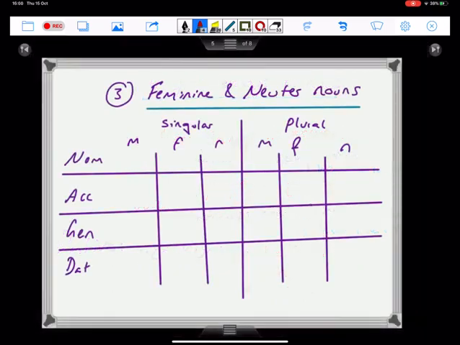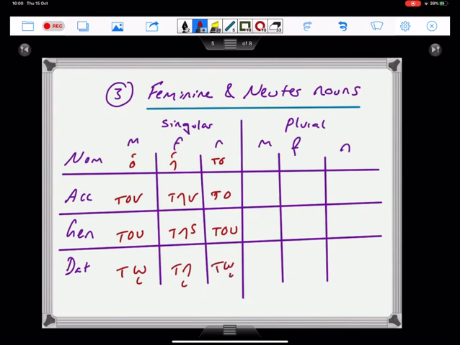If we take the definite article, you'll then be in a position to derive the rest of your nouns. Ho, he, to, ton, ten, to, tou, tes, tou, to, te, to, hoi, hai, ta, tous, tas, ta, ton, ton, ton, tois, tais, tois.